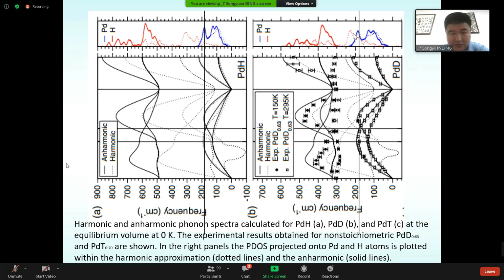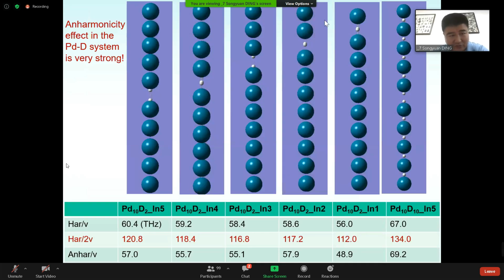We also calculate the atomic chain model with the palladium and D2 system. If we change the position of the D2, we find that here is the harmonic mode, and this is if we consider the anharmonic effect.